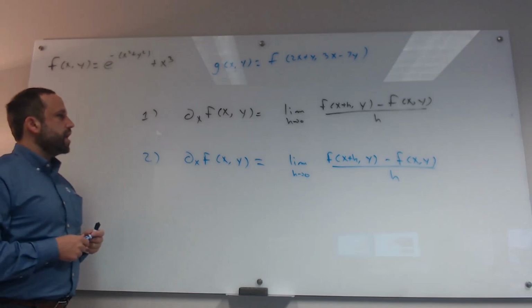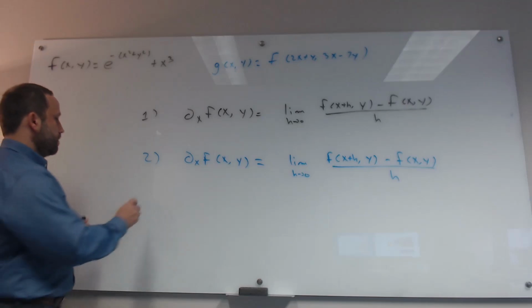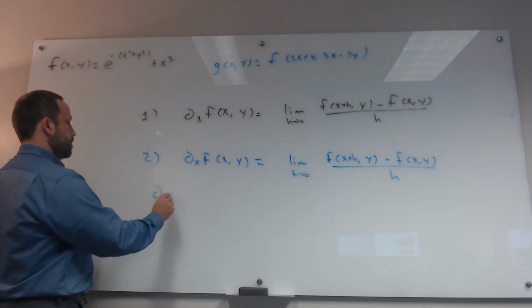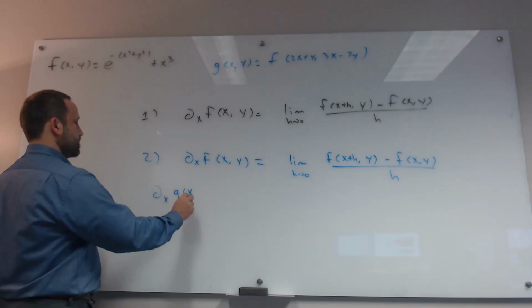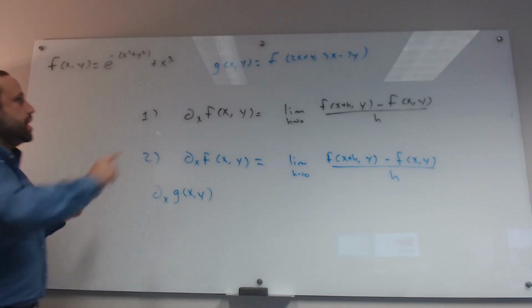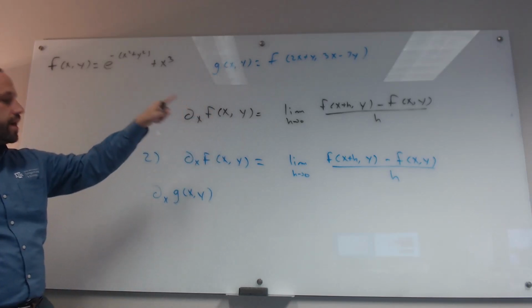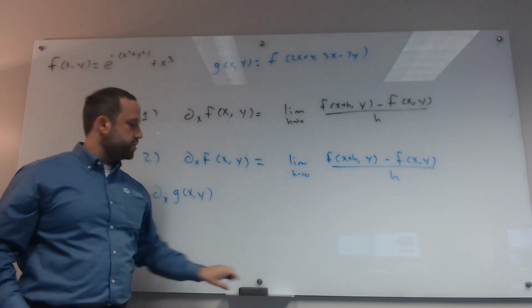But now if you start asking questions like, what is the derivative of g with respect to x? Things start to get a little confusing. If I look at the formula here, both of these match up, but when I apply it to the f function, I'm going to have to use the chain rule.